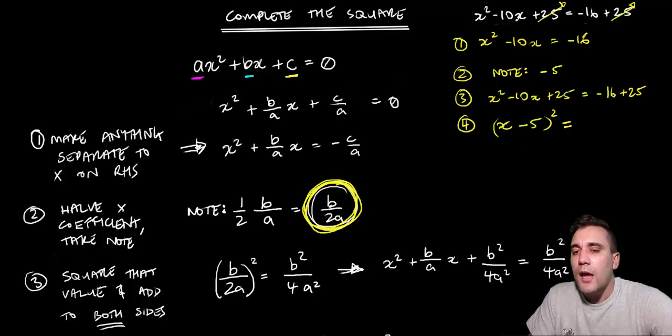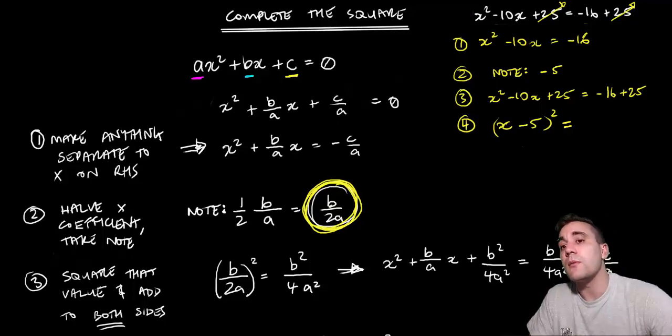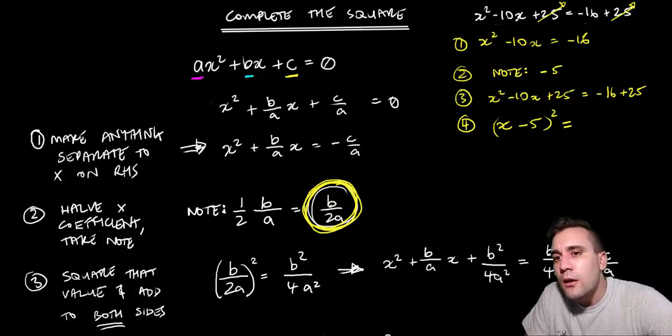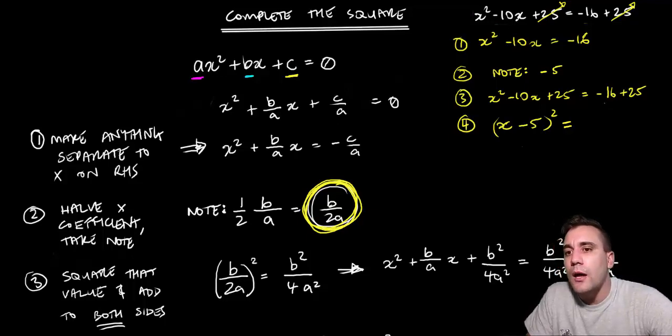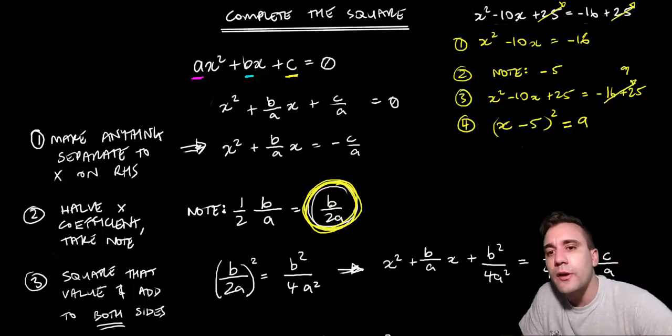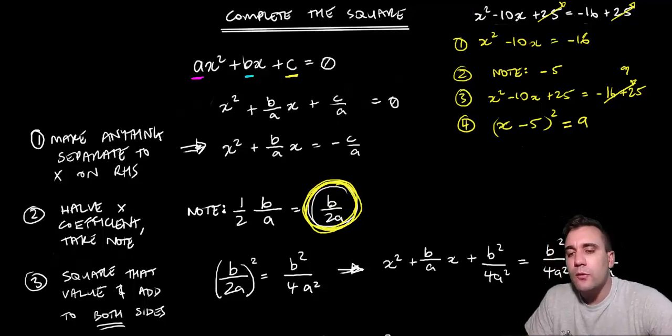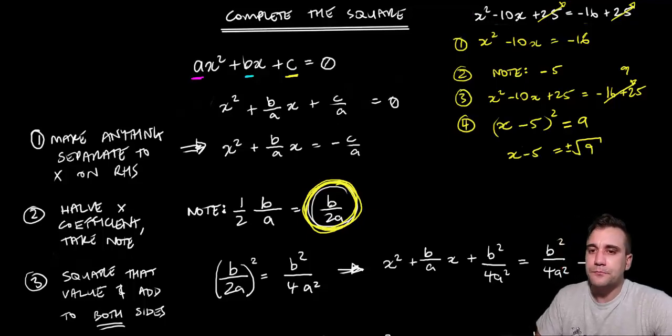This is equal to 25 minus 16, which is going to be 9. So we've simplified that to 9, and then we take the square root of both sides. So we're going to get x minus 5 is equal to plus or minus root 9, don't forget the plus or minus.